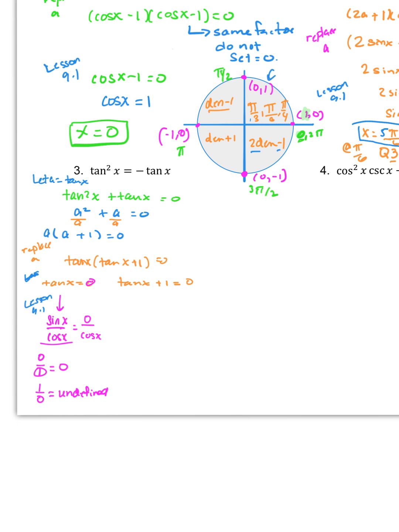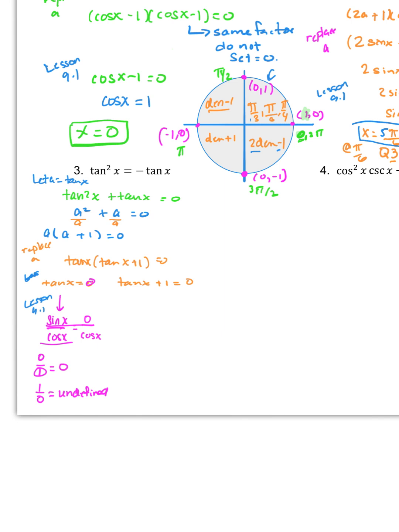Okay, so when I look at my chart, when I'm talking about zeros, negative ones and ones for cosine and sine, you're always going to use the circle up here. So looking at the circle up here, our unit circle, where is our sine equal to 0? We see sine of 0 is always the x value, so it has to be here and here.